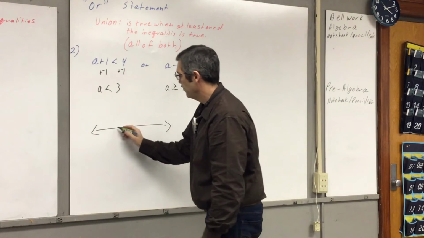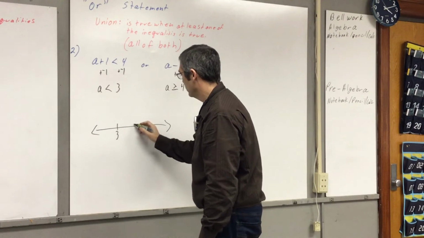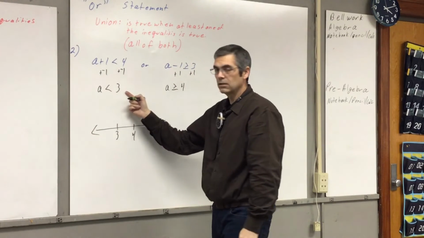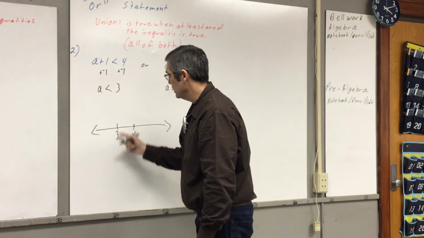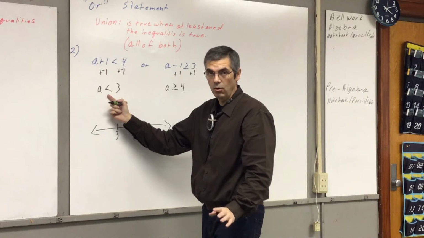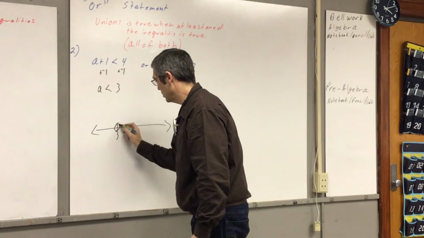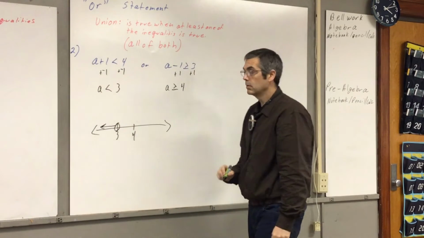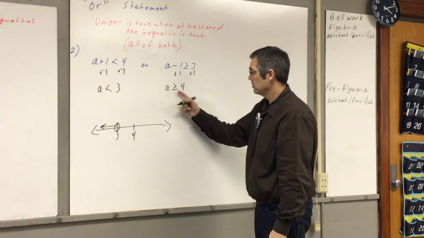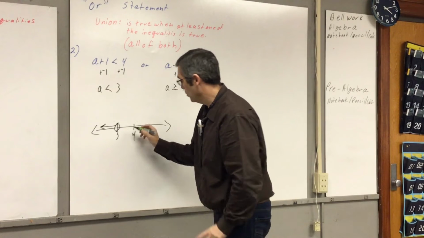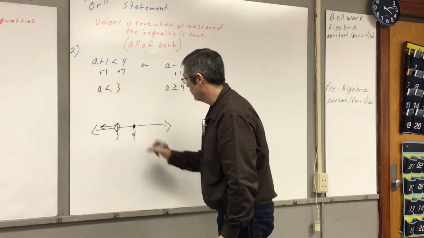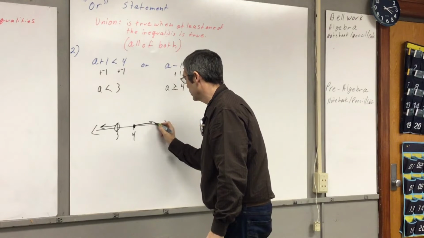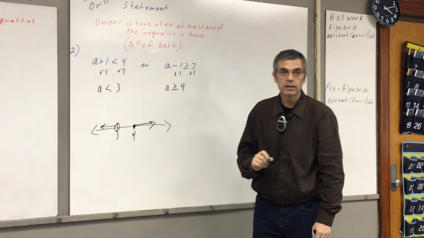So we have 3 here, we have 4 here, and A is less than 3. So 3, no line under it, so open circle, less than, goes this direction. Okay? A is greater than or equal to 4, so it includes 4, closed circle, to the right, and that's what it's going to look like on your graph.